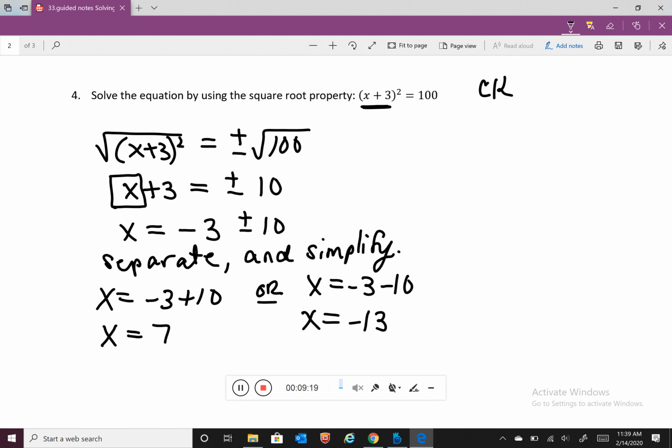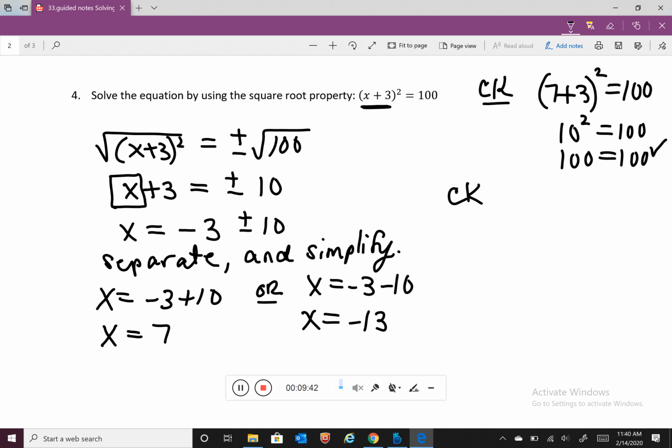And let's check both. So first, for x equals 7, 7 plus 3, quantity squared is supposed to equal 100. But literally 7 plus 3 is 10, and 10 squared is our 100, so this checks.